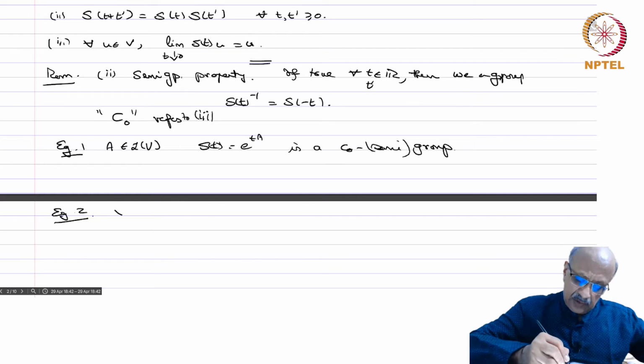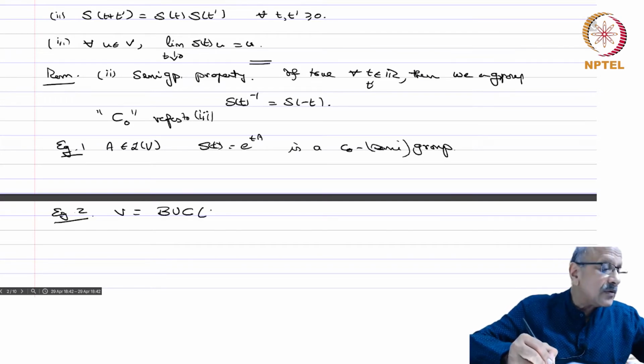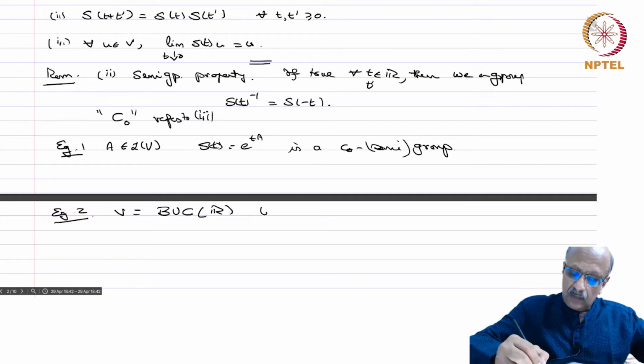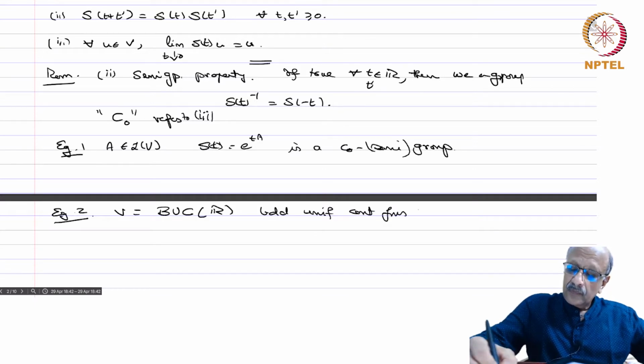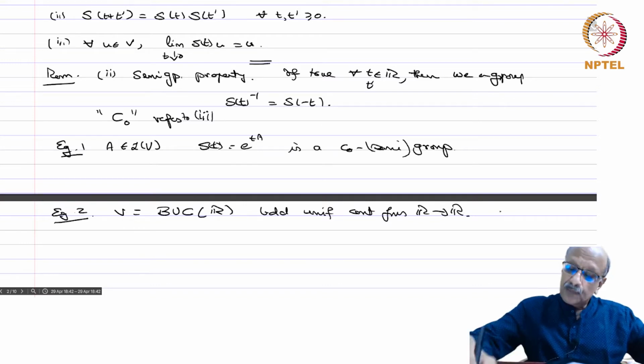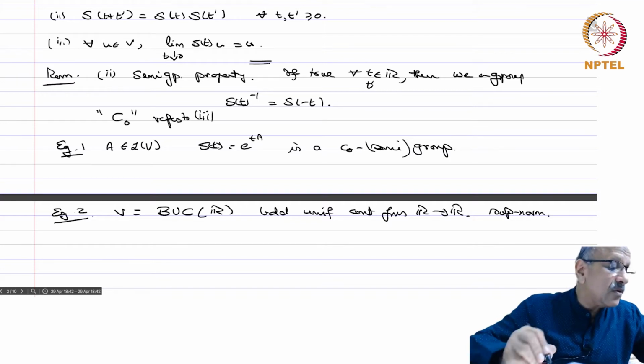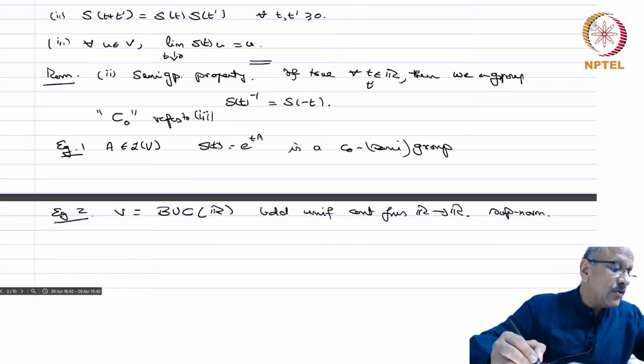So V equals bounded uniformly continuous functions from R to R, with the sup norm. So this is a Banach space, as you probably know, otherwise you can check it.